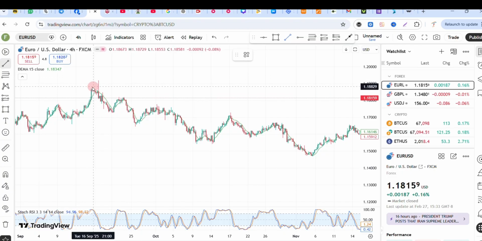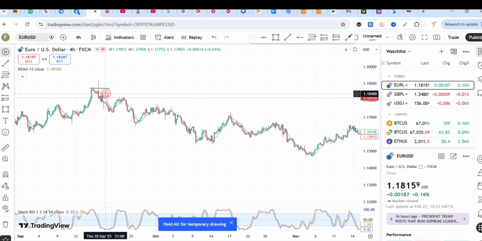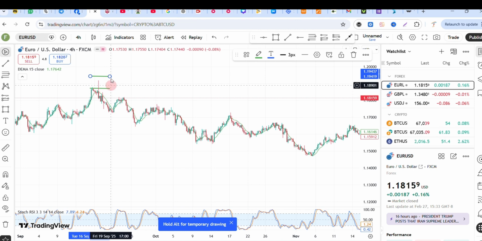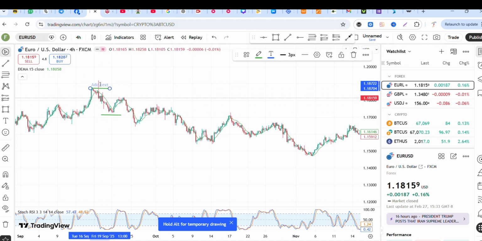Let's take this point as our starting point. This is going to be our first high. So I'll call this our high, and I'll call this our low.